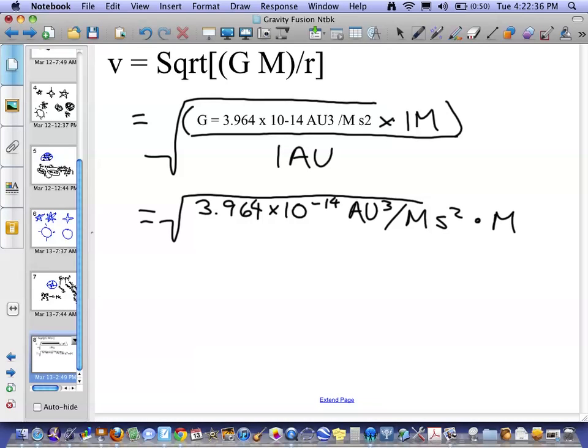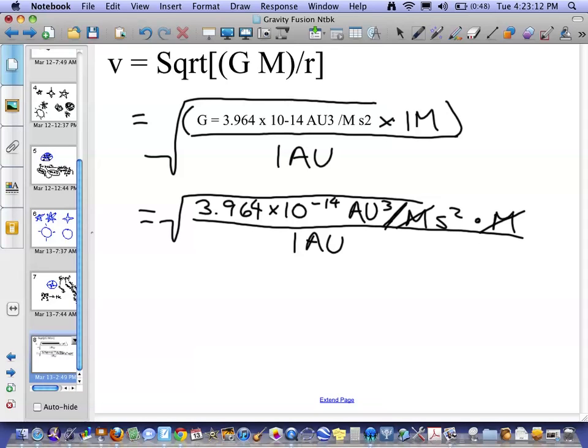And what you'll notice is I have solar mass on the bottom, and then multiplied again above. So because it's underneath this line, and above, out here, which is not below that line, I can get rid of both of those M's. So I cross those two off. And now underneath the division sign, I'm going to put 1 AU again.